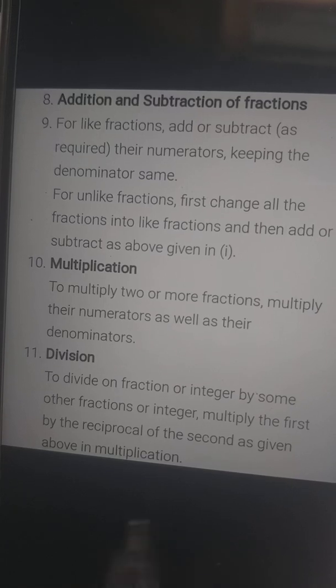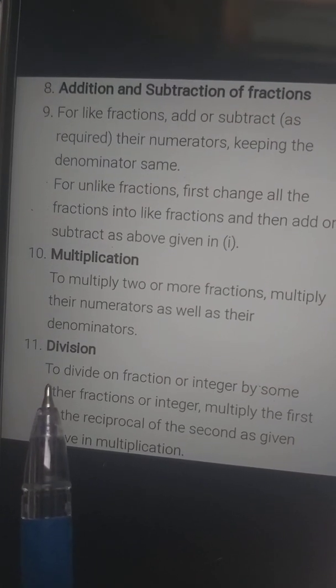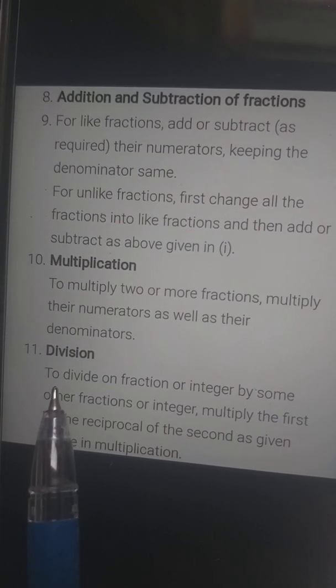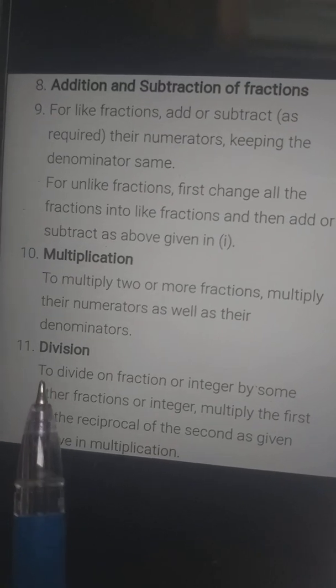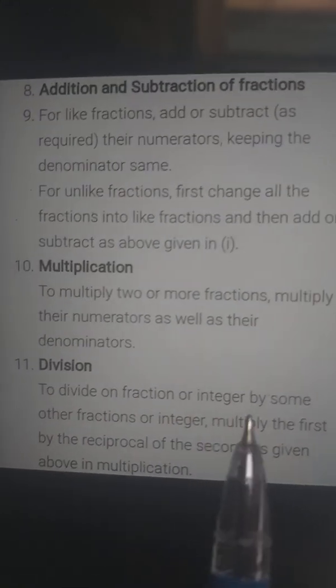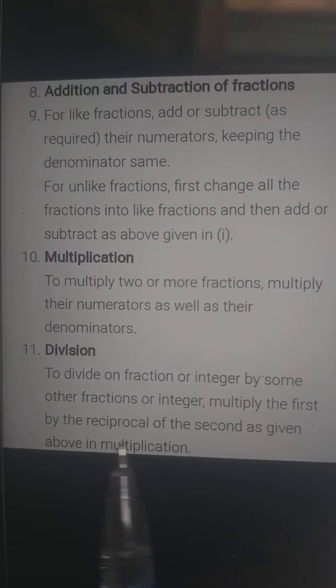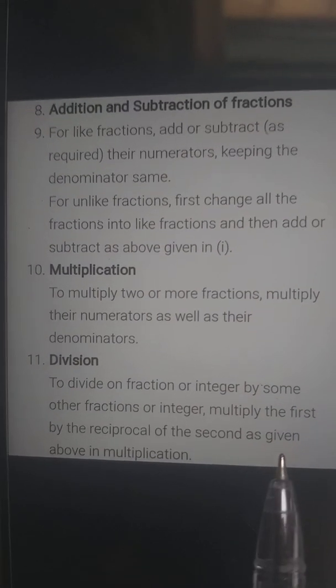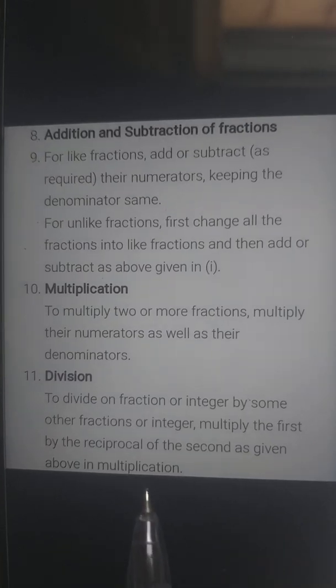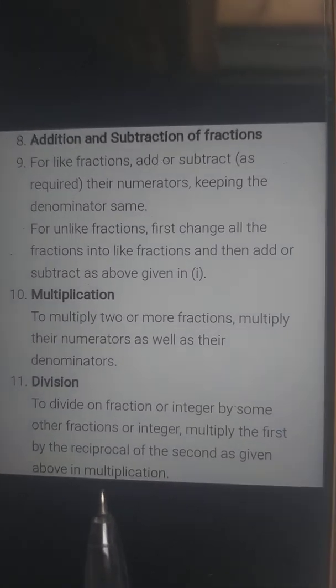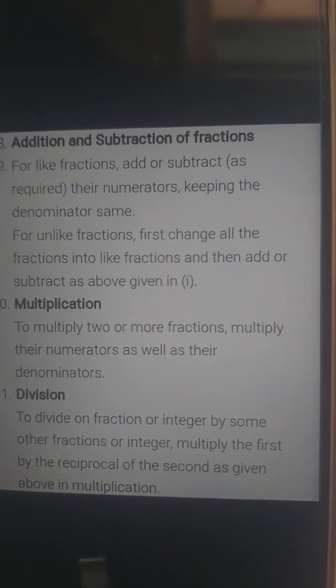Now next is division. To divide two or more fractions, or to divide a fraction or integer by some other fraction or integer, multiply the first by the reciprocal of the second, as given above in multiplication. Or you may take the reciprocal of the number and then multiply.